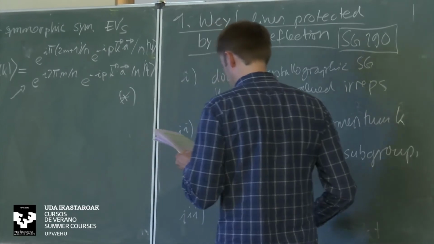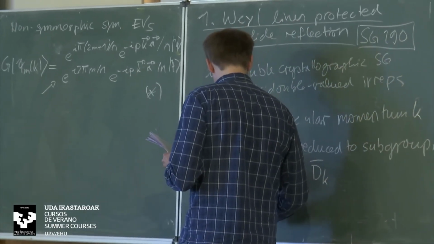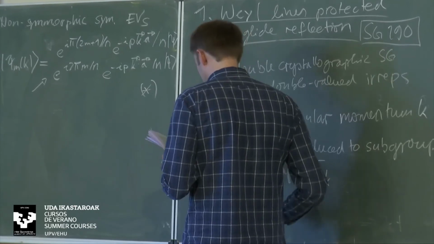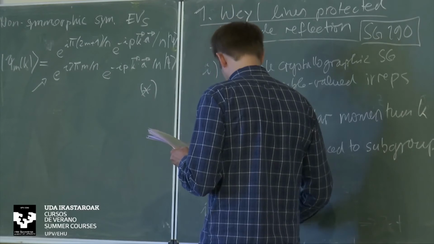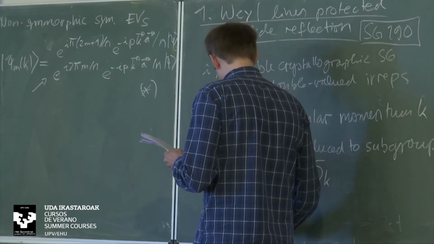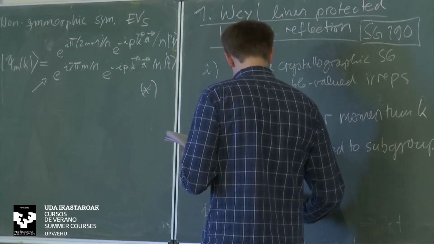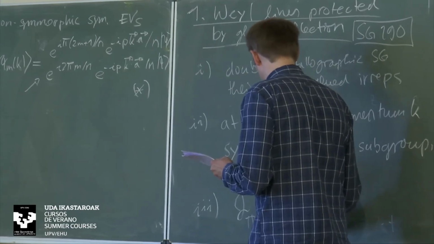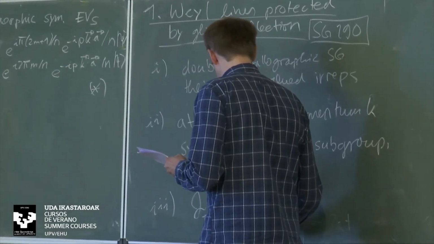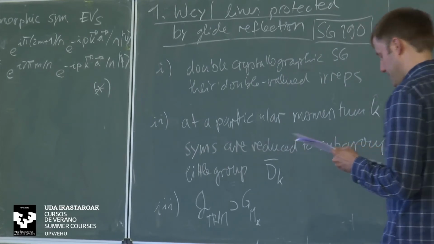This is because there is a group-subgroup relation between these two little groups. The little group at the TRIM basically contains the little group at the general momentum in this invariant plane.